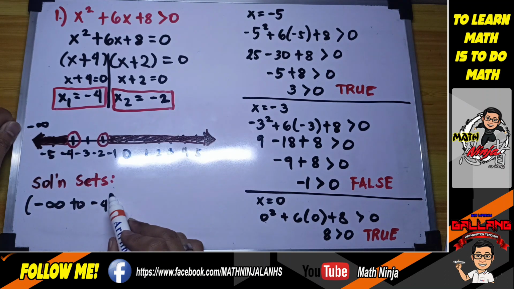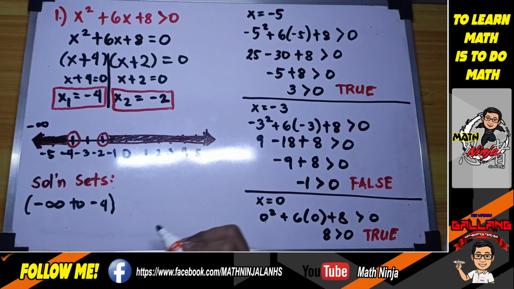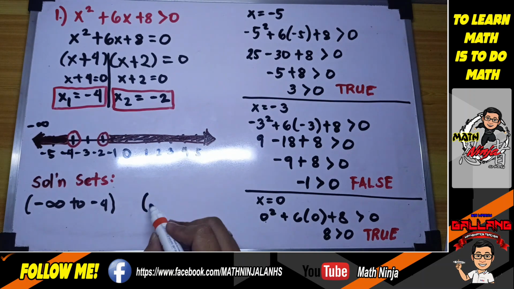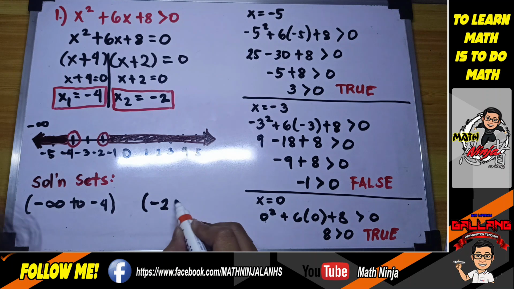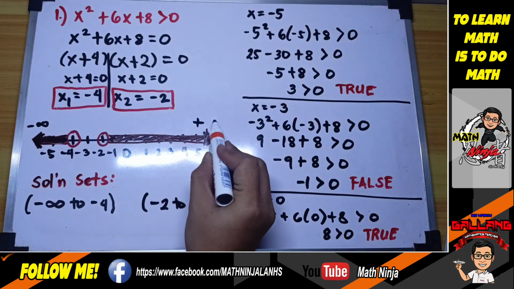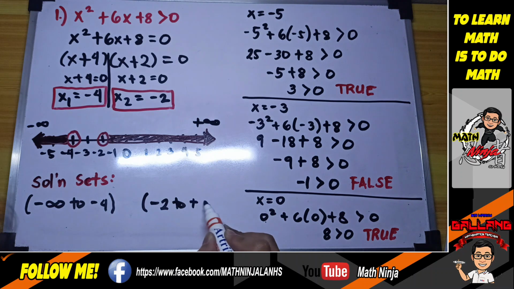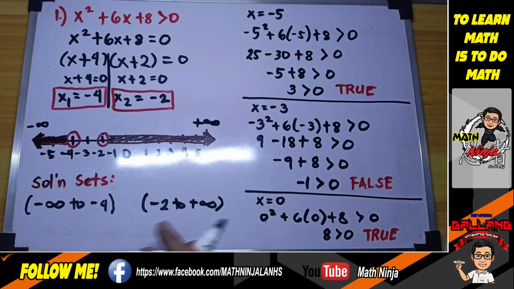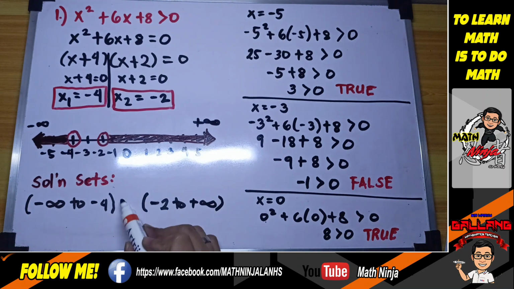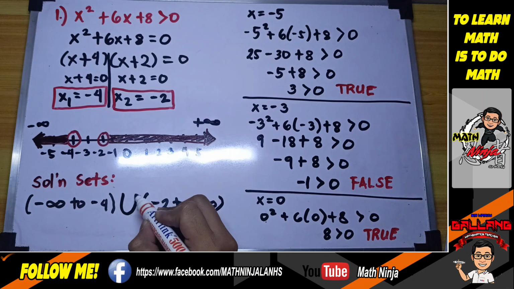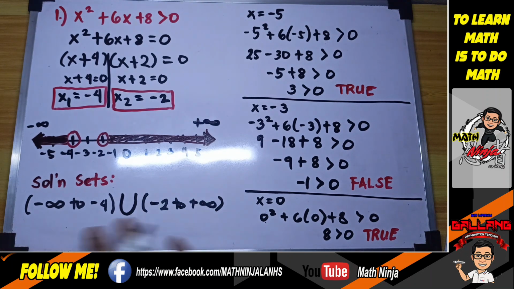So, gamitin lang natin is open parenthesis. Okay? Then, ang next natin is negative 2 to positive infinity ito. To positive infinity. Okay? So, since parehas naman silang nasa number line, ito yung sa ating solution sets, ilalagay natin is union. Ibig sabihin, parehas silang solution sets ng ating quadratic inequality na ito.